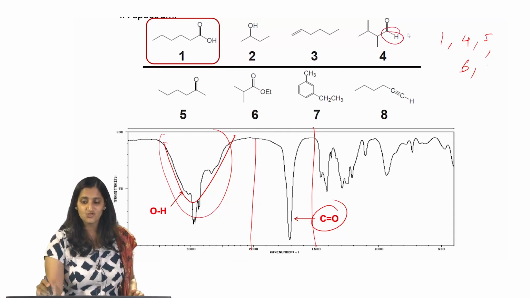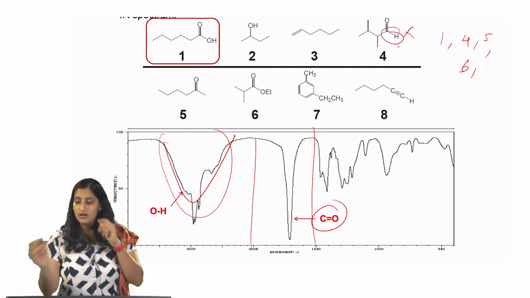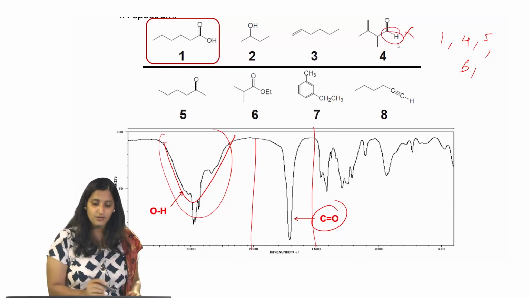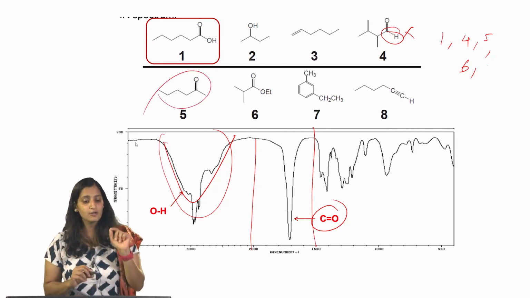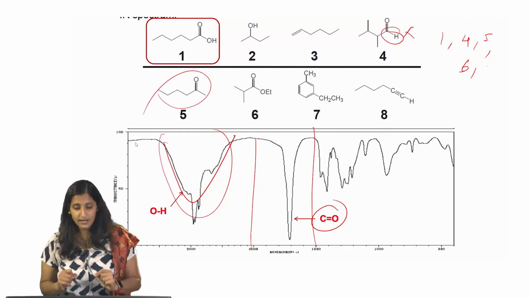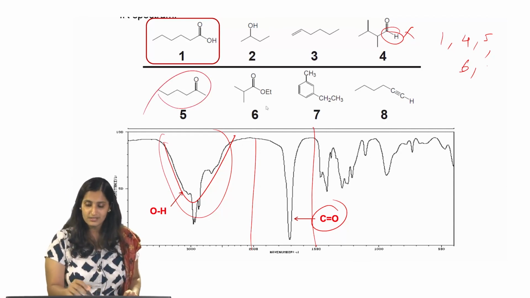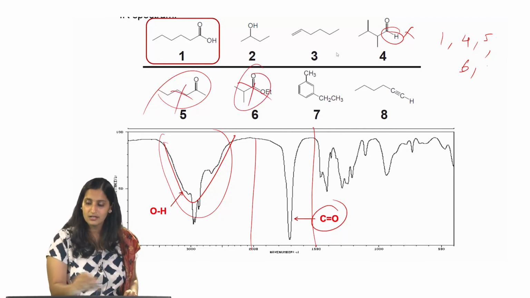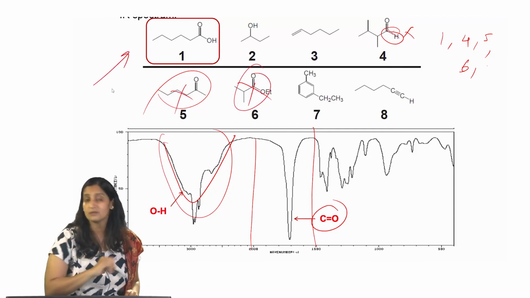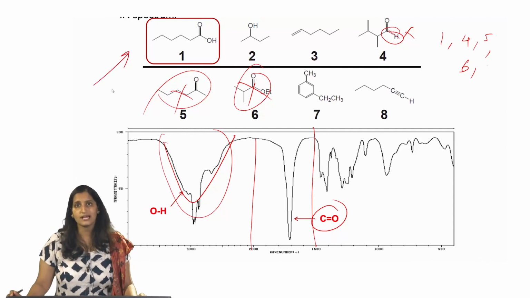Remember, this CH cannot hydrogen bond, and it cannot be 5 because you do not have any hydrogen connected to an electronegative atom, or 6. So, my answer is option number 1, which is a carboxylic acid.